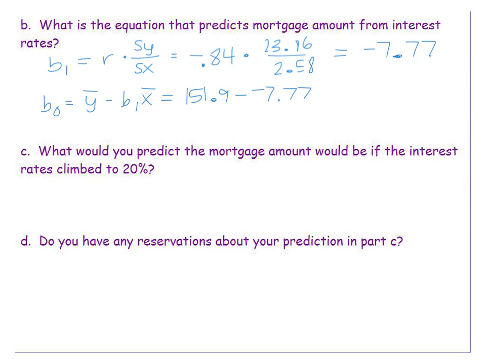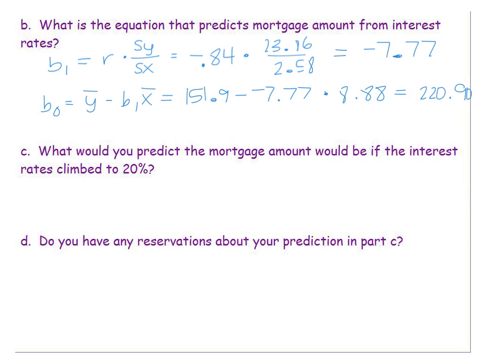Notice there's a double negative there. Times X bar we put next to 8.88. And if you put all that in the calculator, I get 220.90.